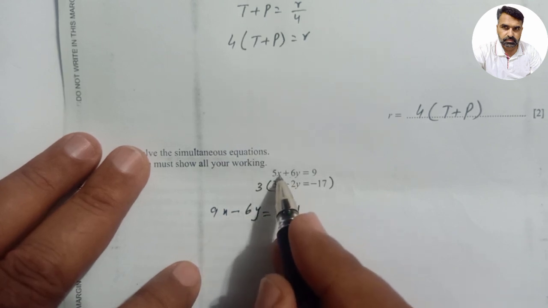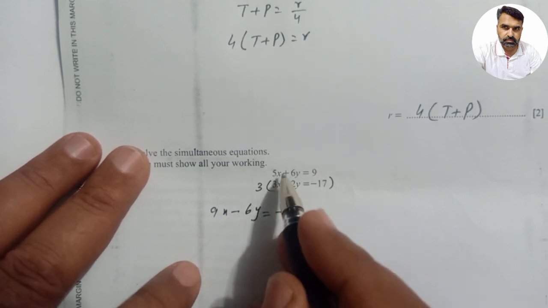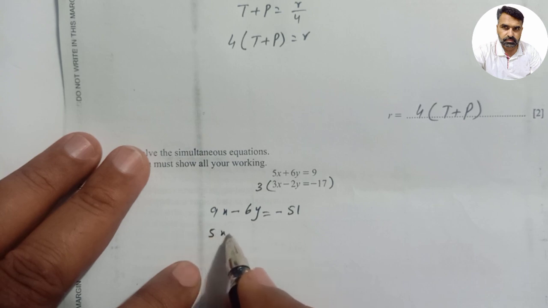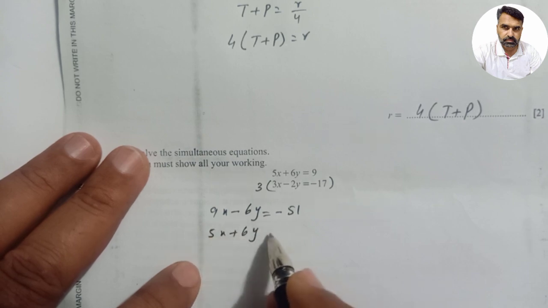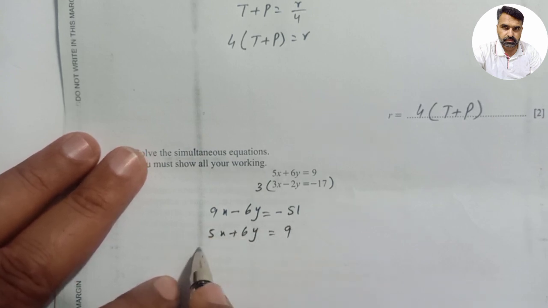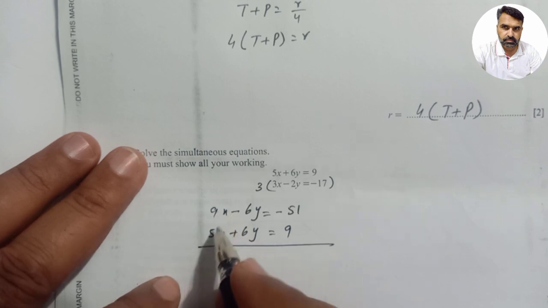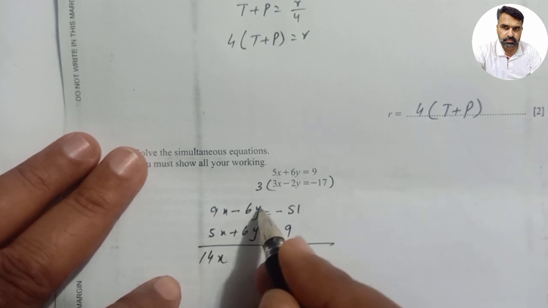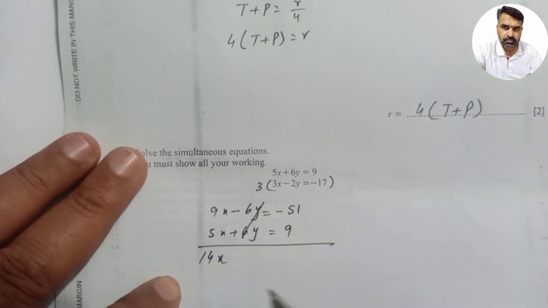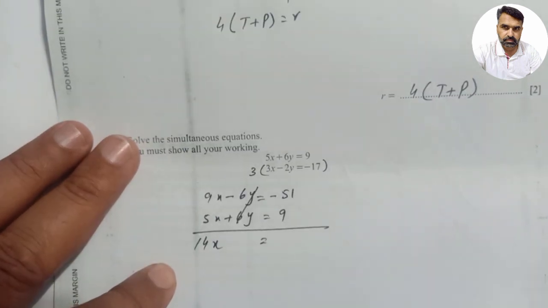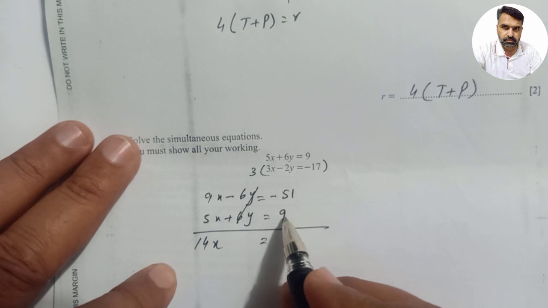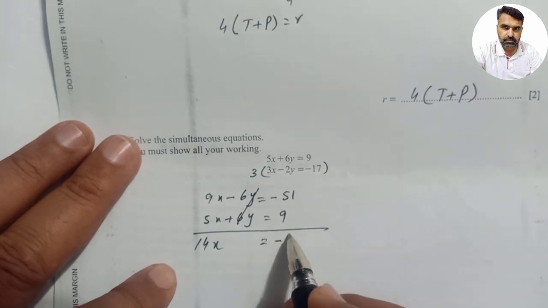And now we will sum up equations number 1 and 2. Equation 1 is 5x plus 6y is equal to 9. And students, we will sum up 9x plus 5x means 14x, and minus 6y and plus 6y will be cancelled, and minus 51 plus 9 means minus 42.